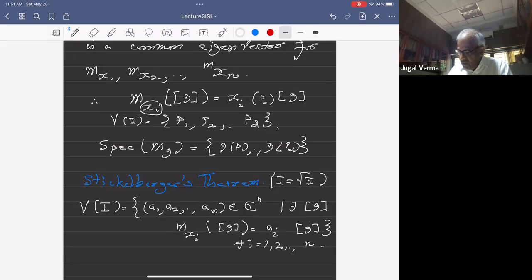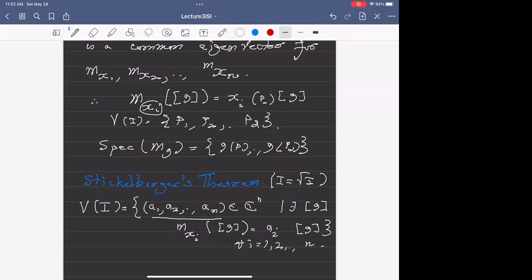So mx1, mx2, mxn are commuting operators on a finite dimensional complex vector space. They have lots of common eigenvectors. So pick a common eigenvector and then take the eigenvalues for all mxi's, and then collect the eigenvalues and make this point. These are precisely all the solutions. So the problem of computing solutions of a system of polynomial equations is, by Stickelberger's theorem, reduced to computing common eigenvectors of these.